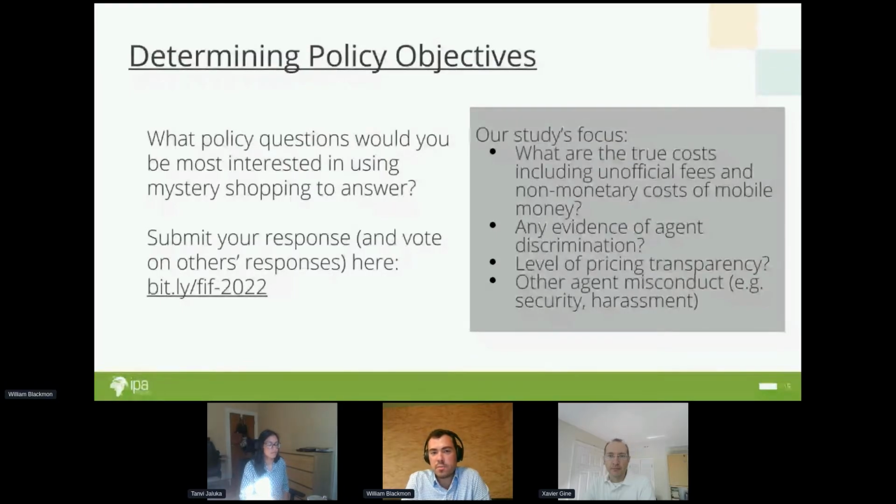But our focus is really on the transactions themselves and the costs of carrying out those transactions. And then, as I mentioned before, we're interested in discrimination. I talked about discrimination by gender and by relationship to the consumer, and then consumer protection issues related to pricing transparency, other agent misconduct, including security issues and harassment.